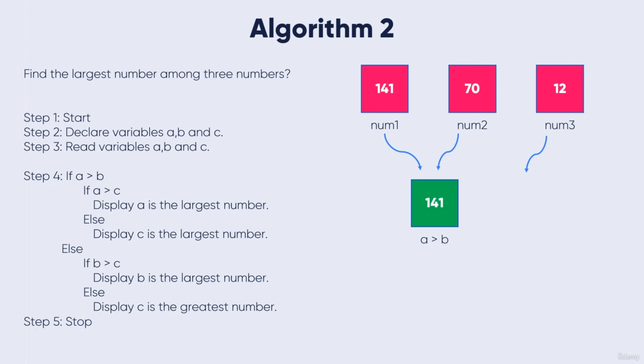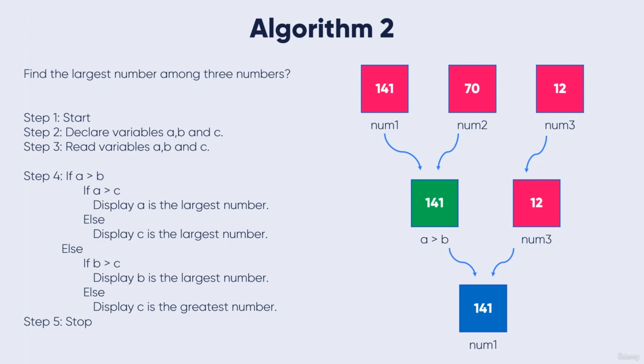Then we are going to compare num1 with num3. Since num1 is greater than num2, there is no need to compare num2 with num3. We take num1 and compare it with num3. And since num1 is greater than num3, num1 is the greatest among the three given inputs, A, B, C, or num1, num2, and num3.